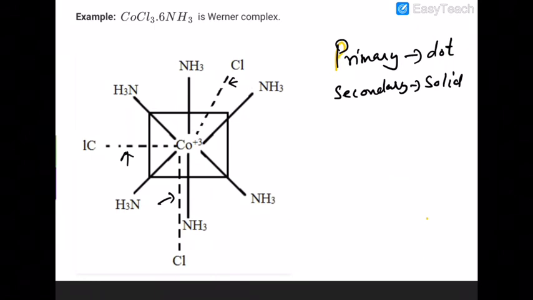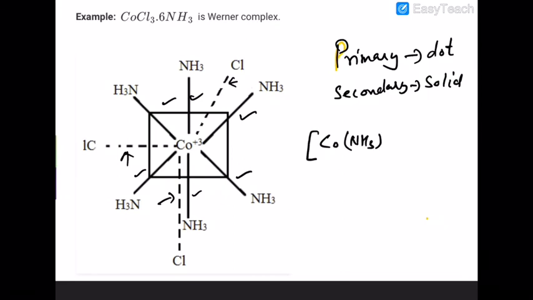And how many solid lines are there? 1, 2, 3, 4, 5 and 6. So you can write the formula like that. Are you sure about that? So this clearly shows that primary valencies are shown by dotted lines and secondary valencies are shown by the solid lines. Are you sure about that?